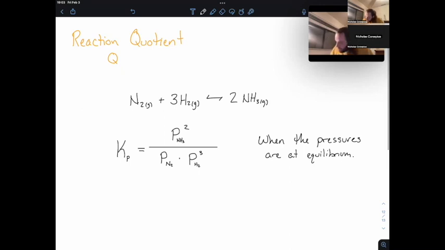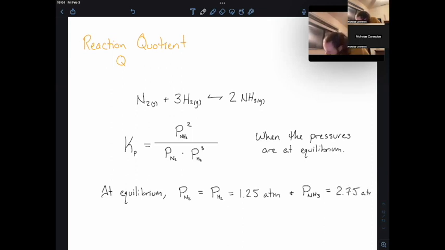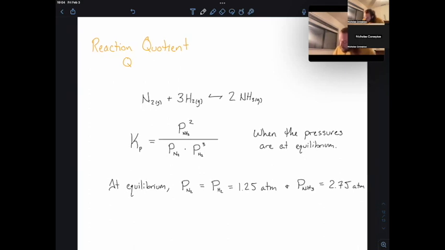So if I tell you at equilibrium, the pressure of the nitrogen gas is equal to the pressure of the hydrogen gas at 1.25 atm, and the pressure of the ammonia is 2.75 atm. If I tell you that we're at equilibrium, it's really easy to find the value for that Kp. You're just going to plug those values into our expression.